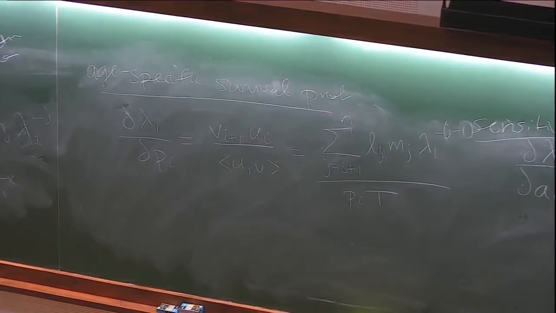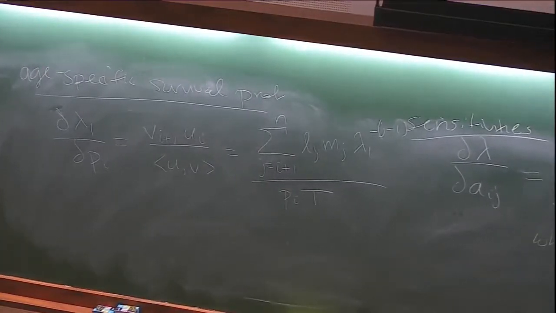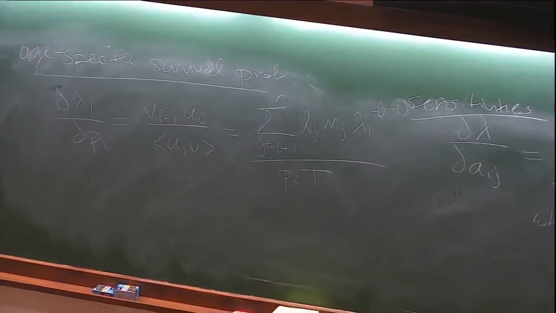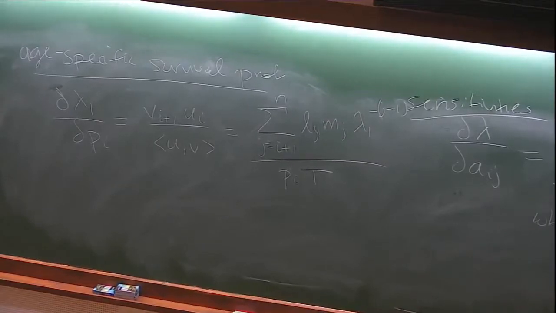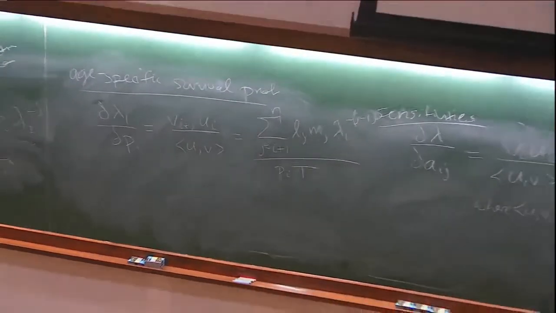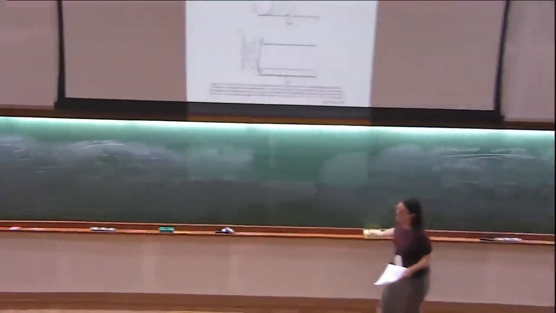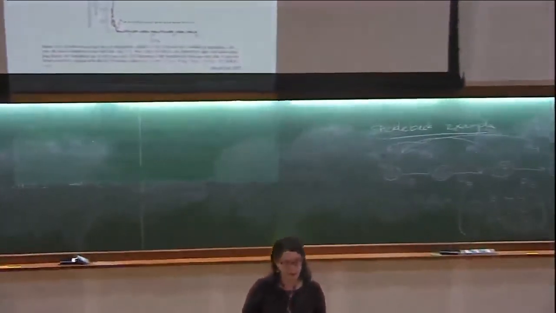So we might ask, how do the sensitivities of either age-specific fecundities or age-specific survival probabilities change as you move through the life history? This is very important to the evolution of senescence, the evolution of aging, and also the evolution of reproductive investment. So one thing that's often done is ask how the sensitivity of the growth rate of the population changes with time, with age.